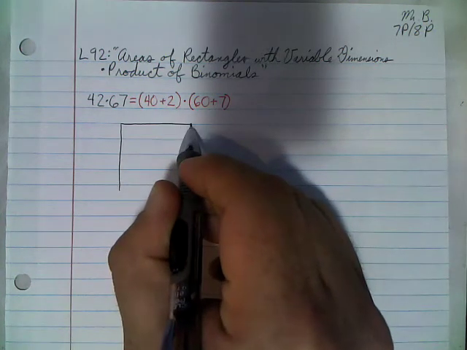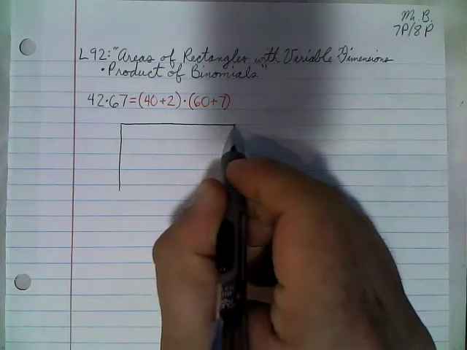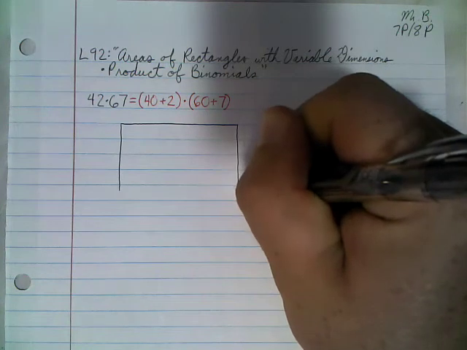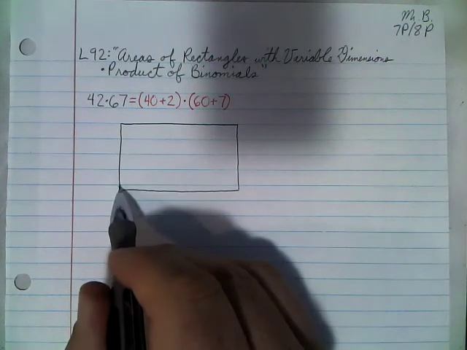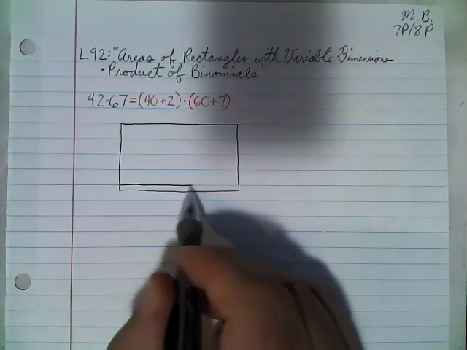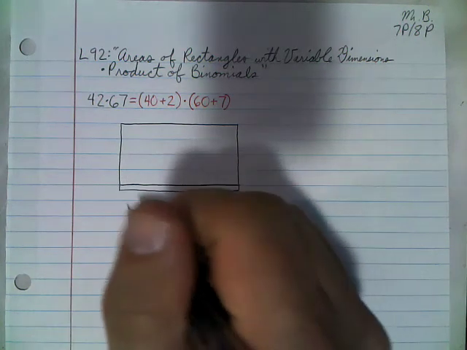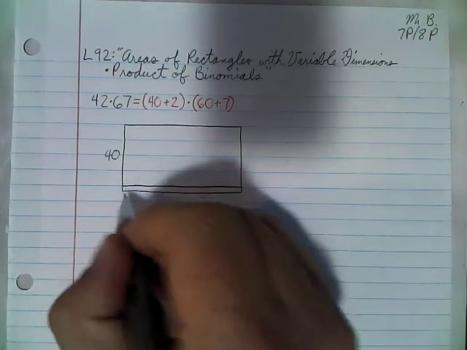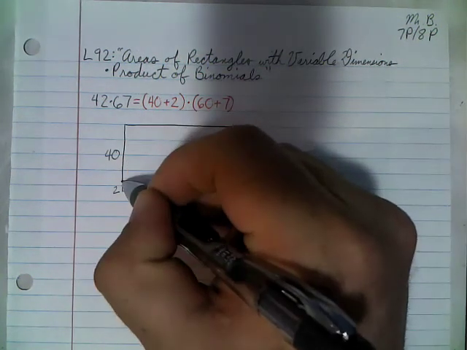I want to go across about the same distance, and then do that half over again, and then a little extra. And so your rectangle should look roughly like that. And I'm going to split this up. And I chose 4 spaces there because I want this here to be my 40, and then down here this will be my 2. So that if we put this together, 40 and 2 is 42.